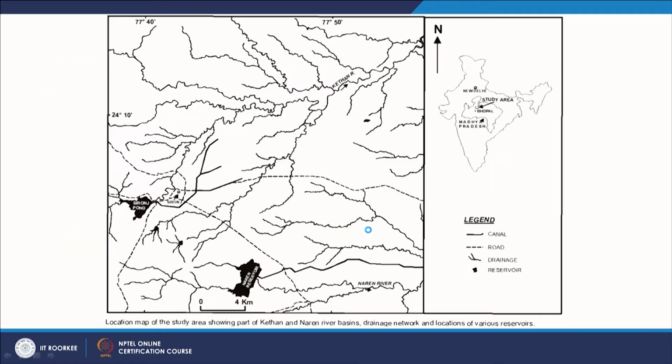If you see in this figure, you would find that there are 3 or 4 reservoirs. 2 are big, 2 are relatively very tiny. One is here, Narain reservoir, another one is the Sironj river. There are other small reservoirs also here. And this is hard rock terrain of central India, the Bundelkhand region.